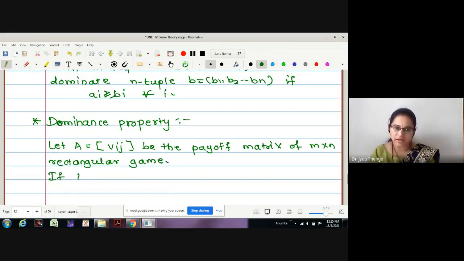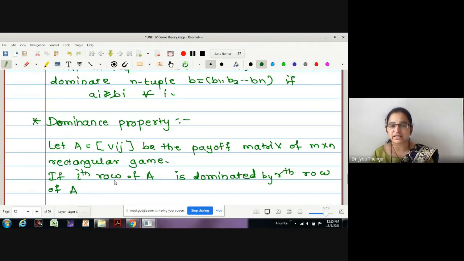If the ith row of A is dominated by the rth row of A, see what I am writing: the ith row is dominated by the rth row, that is, the rth row is superior to the ith row.